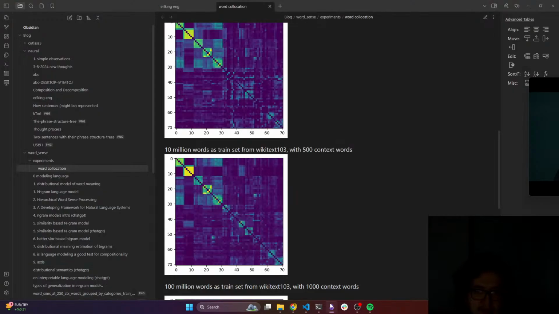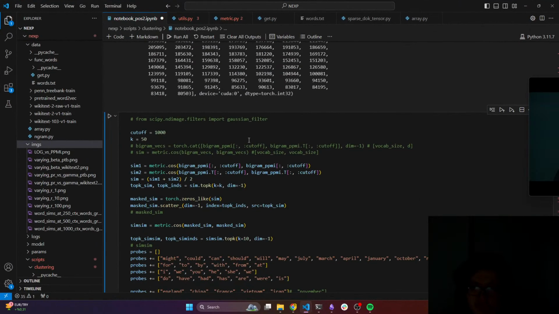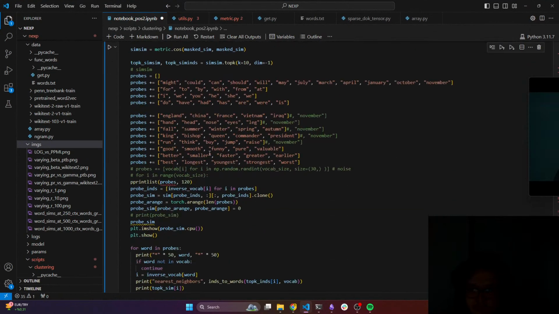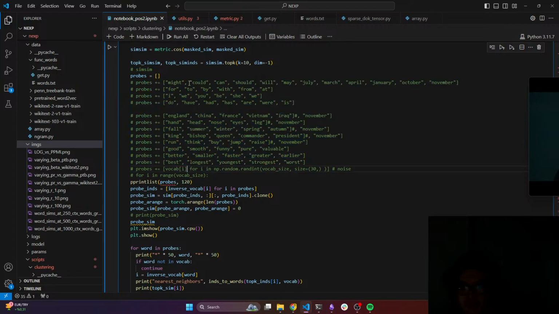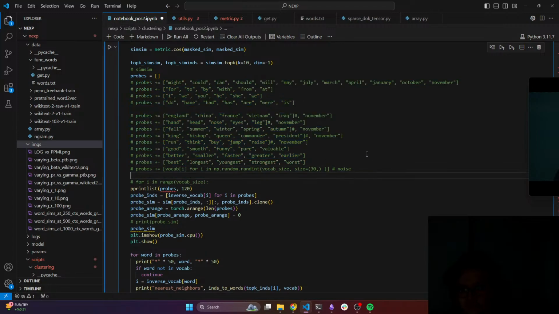Maybe the last thing we could observe is another interesting thing. What do we use as separator? This is pretty clear, right? Probe equals vocab.